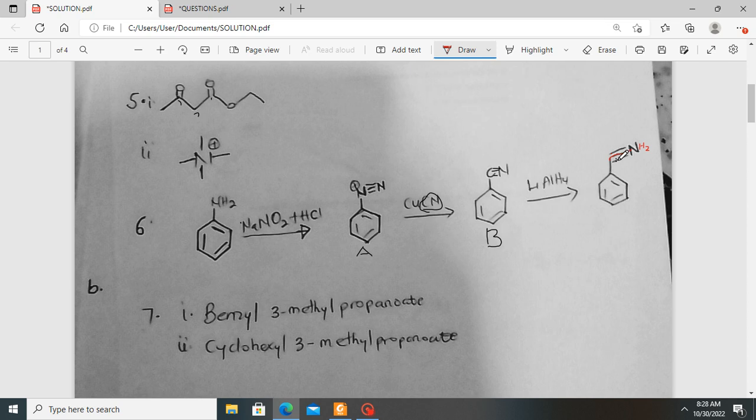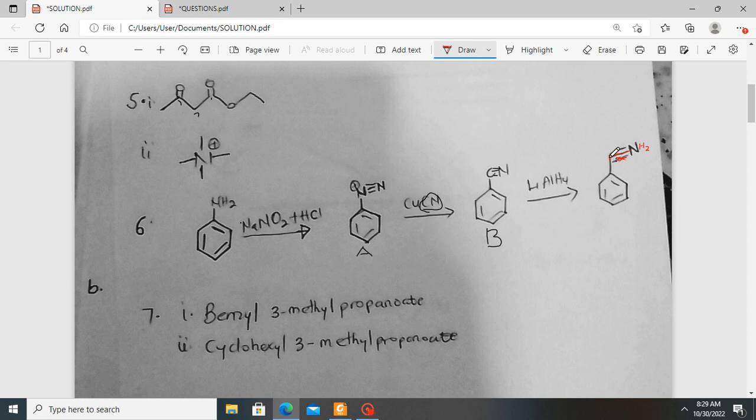So there's no triple bond here. It is just a carbon with a single bond to a nitrogen with two hydrogens. Because the triple bond here is going to be reduced by the lithium aluminum hydride, that finally gives you an amine. This is a synthesis of an amine from a cyanide.